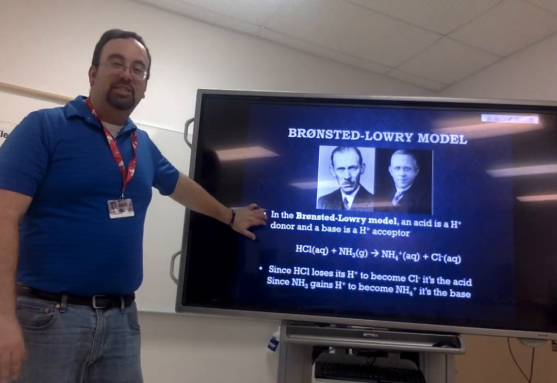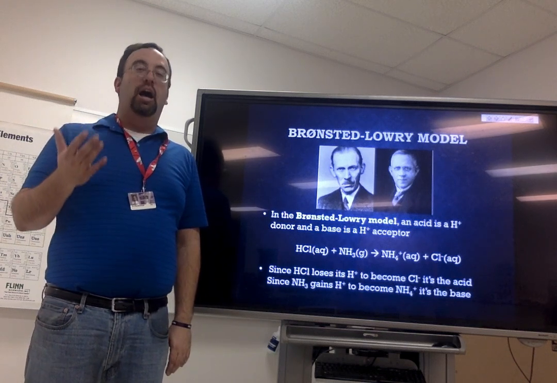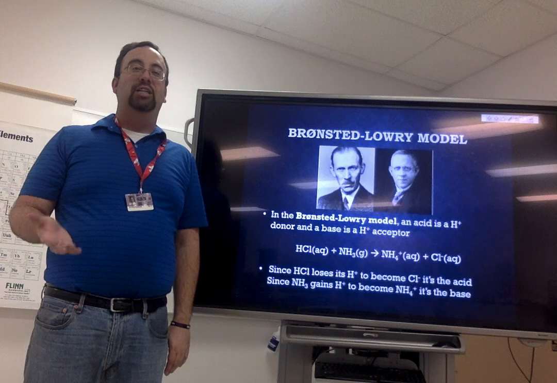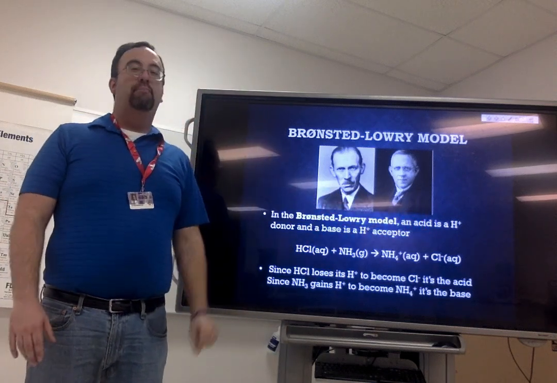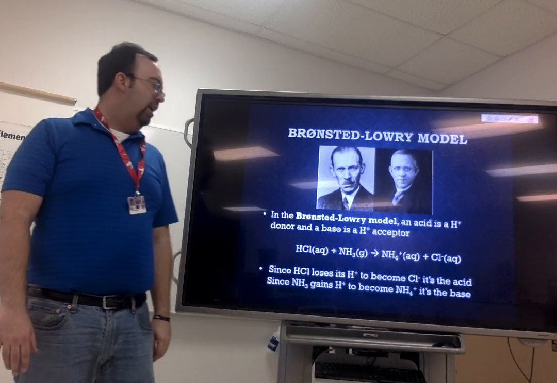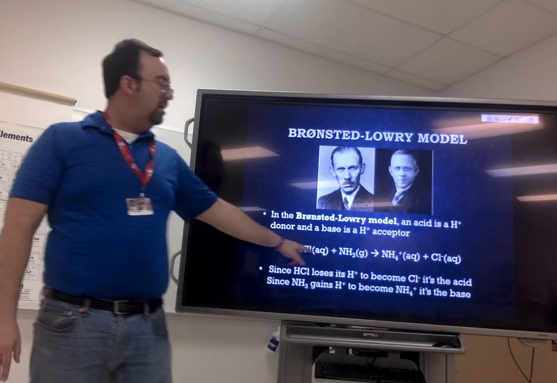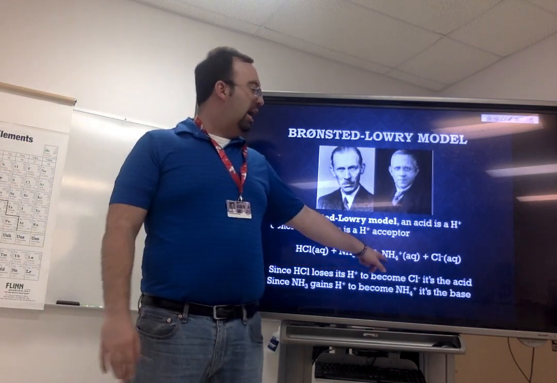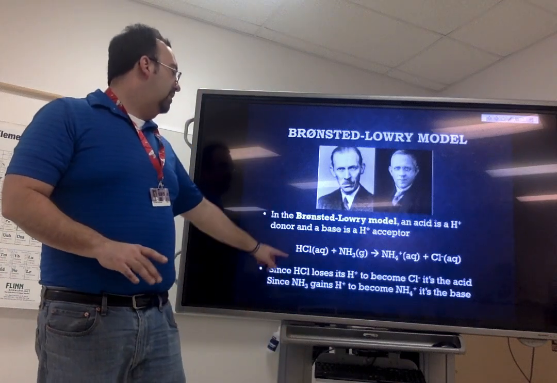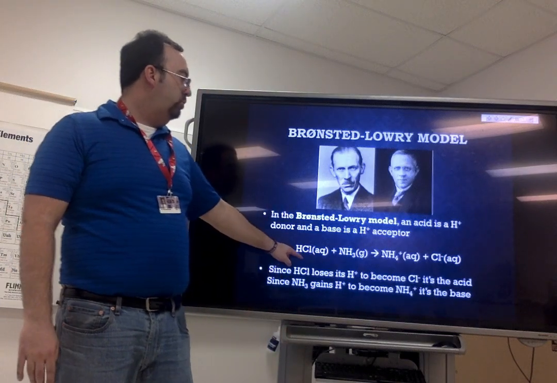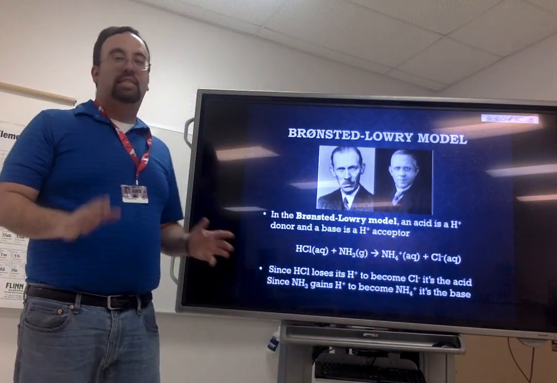And so this is, again, a restatement of Lavoisier's law of conservation of mass, because the hydrogen ion that's given up by the acid is then taken up by the base as its acceptor. For example, hydrochloric acid plus ammonia forms the ammonium ion plus a chloride ion. Since HCl loses its H plus ion to become Cl minus, it's the acid.